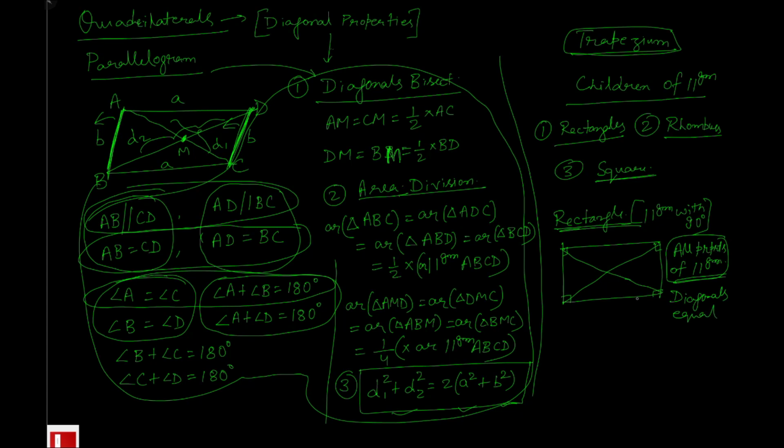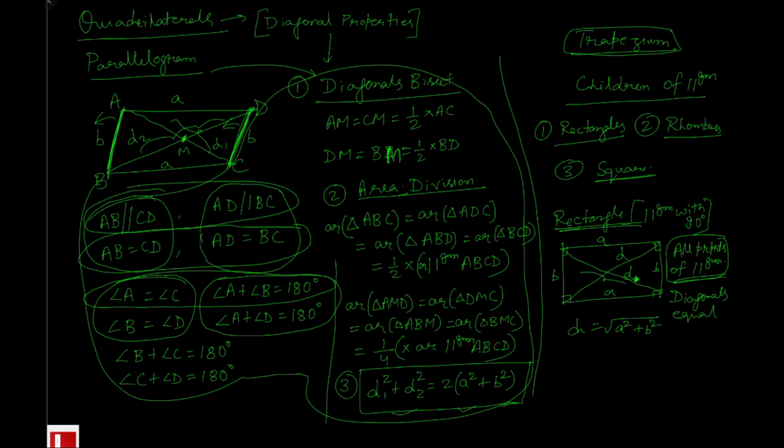We can also see that if the sides are A and B, both the diagonals, instead of D1 and D2, let's call it just D. So D is equal to square root of A square plus B square, as simple as that. That's it, nothing else has to be thought about here.